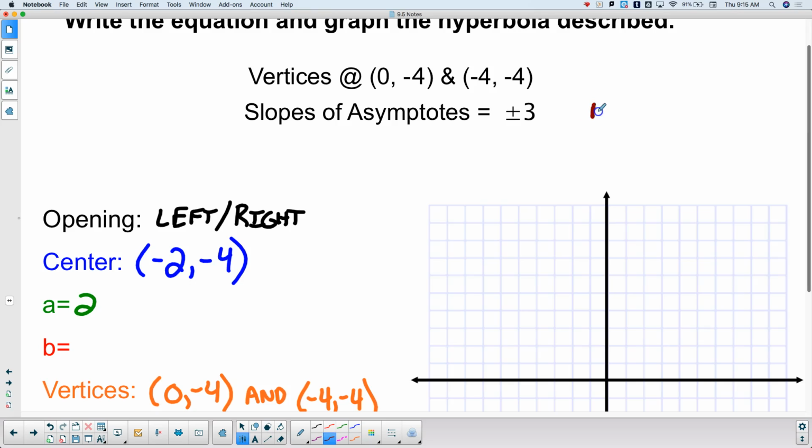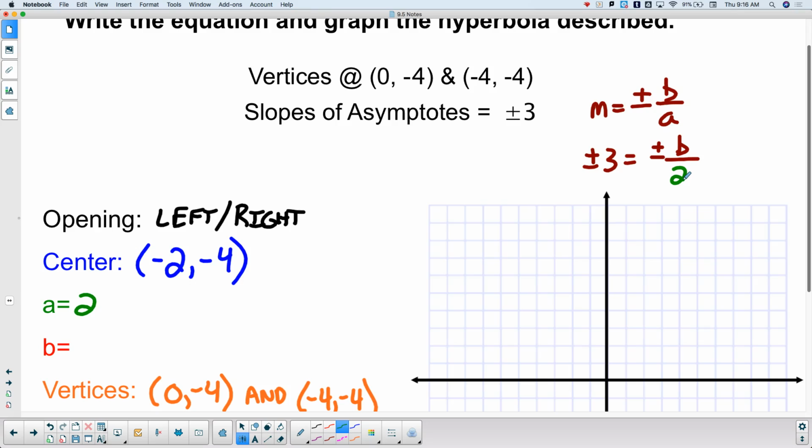So the slope is equal to plus or minus B over A. With me? Well, I already know that A is 2. And I know that the slopes, plus and minus 3, are going to equal plus and minus B over 2.